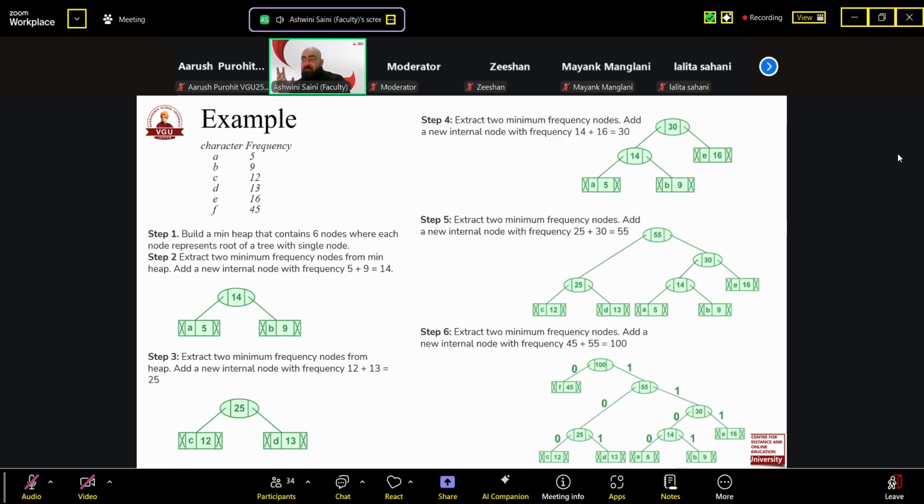In the example shown here, we have A, B, C, D, E, F, and we have frequencies like 5, 9, 12, 13, 16, 45.